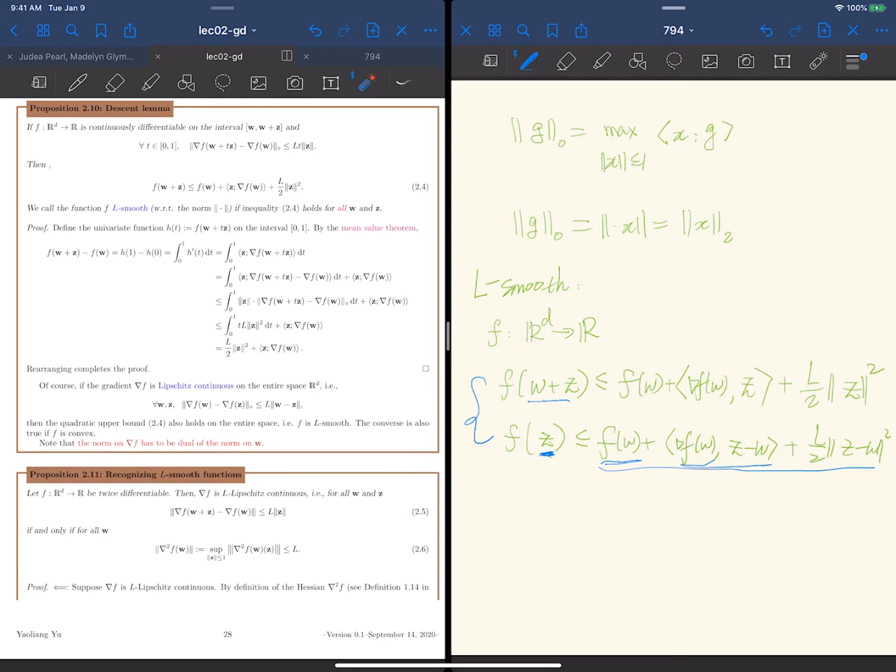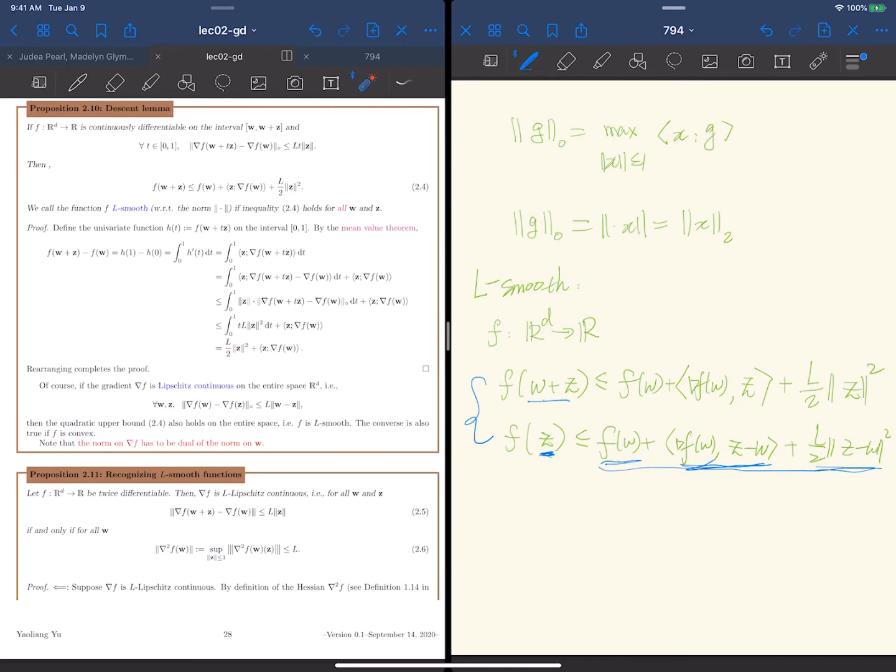So this is a linear term, and this is a quadratic term in z. The L smoothness is basically saying your function can be upper bounded by a quadratic function. And you're going to see why this is important. In fact, this is in some sense equivalent to the gradient descent algorithm.